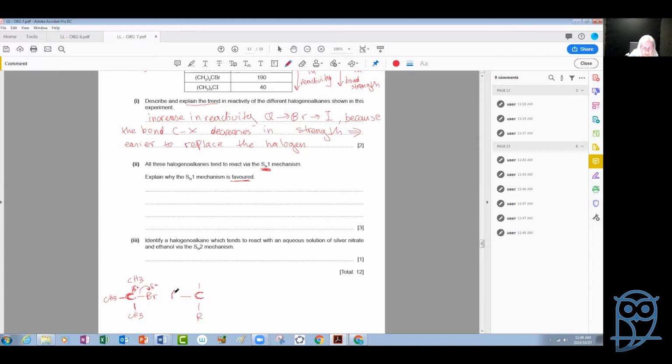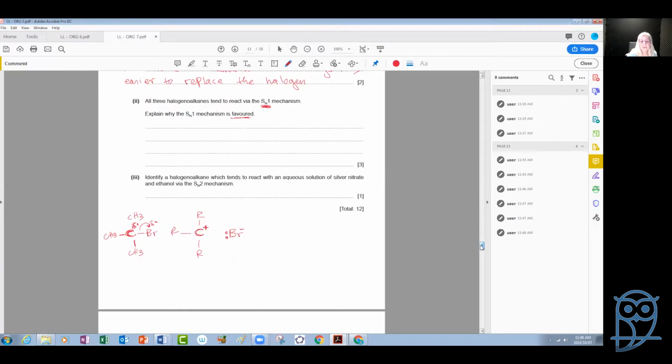Let's call them R so that it's easier to write them. The bromine separates. So this is the first step of the mechanism, the slow step, but the next step is very fast because of this carbocation.